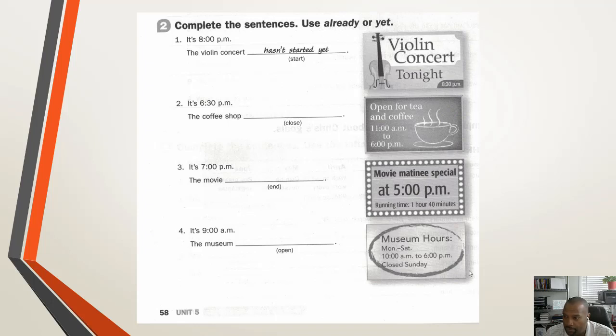Well, first let's look at the pictures. So the first picture, these look like advertisements for something. The first one looks like a violin concert tonight at 8:30 p.m. The second one is a sign for open for tea and coffee, so this is a business.